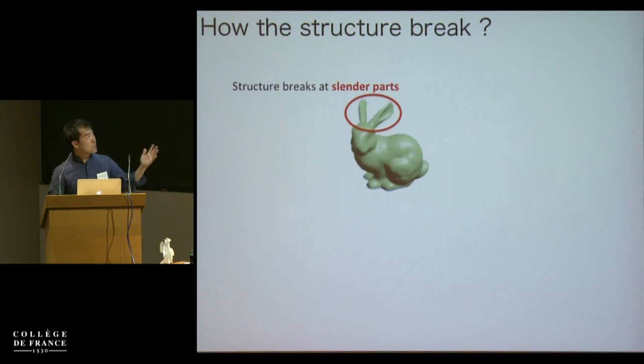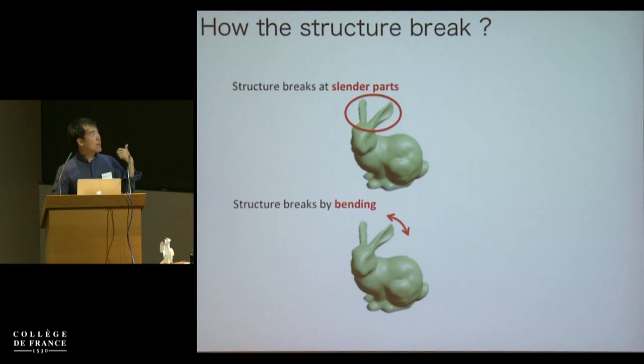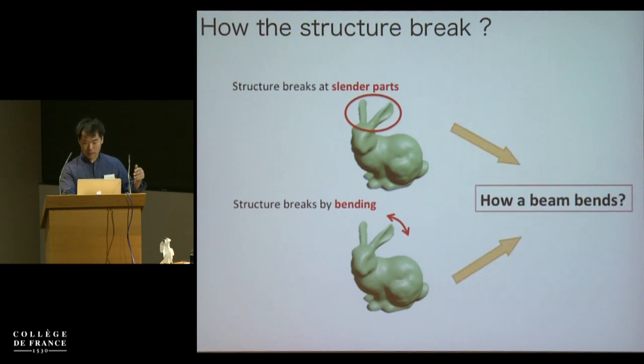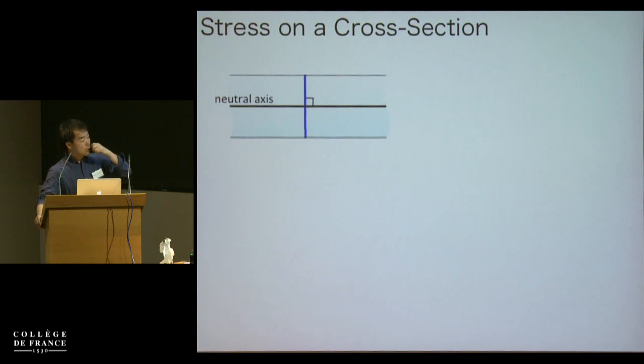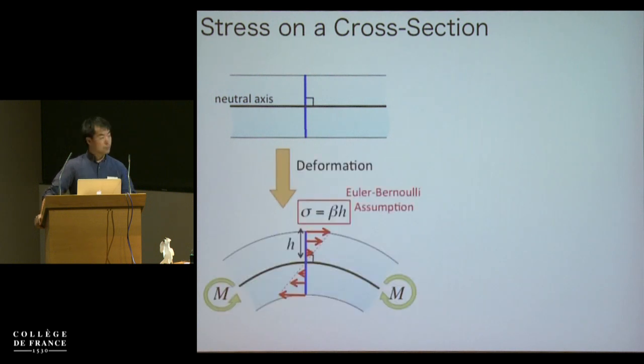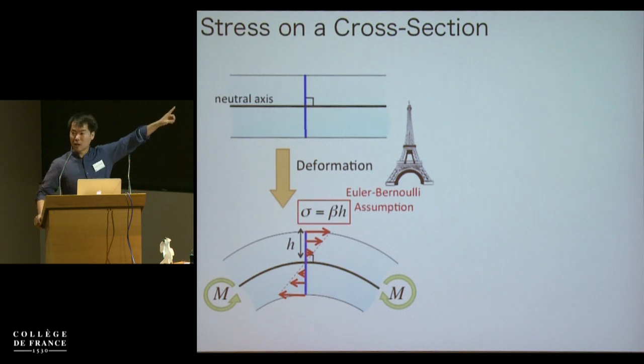So how we compute this stress from bending moment is based on the assumption that a structure will break at slender parts, and also that structures break with bending. And it comes down to the question of how a beam bends. There is a very nice formulation called the Euler-Bernoulli assumption about what the stress will be when the moment is applied. Actually, this Euler-Bernoulli assumption was used to design the Eiffel Tower.